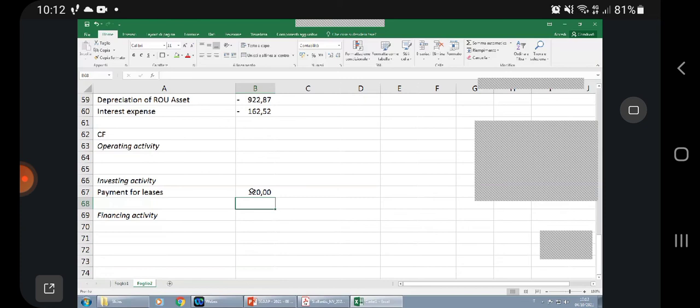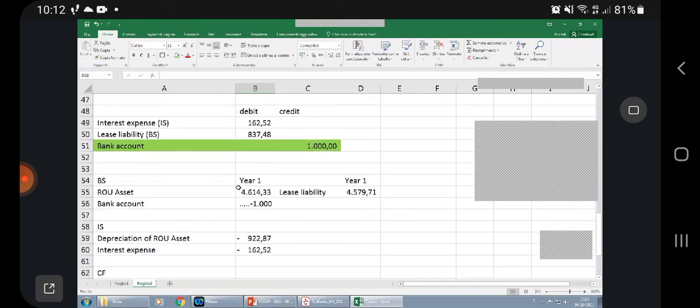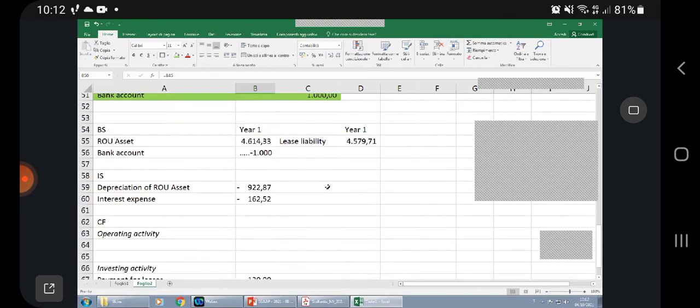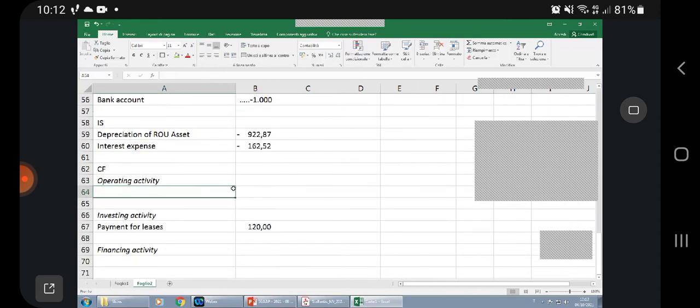Then there is another outflow of cash, 1,000. This 1,000 is for two reasons: interest expense and lease liability. You will discuss more in detail the cash flow statement during the second part of the course. But generally speaking, payments for interest are shown in the operating activity.